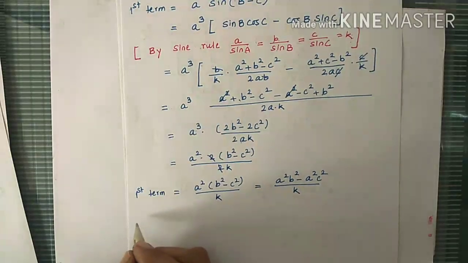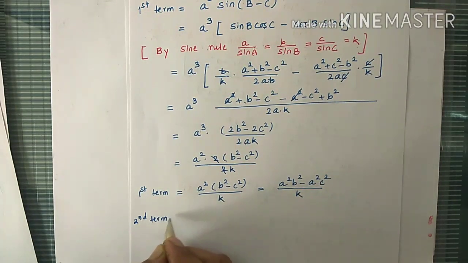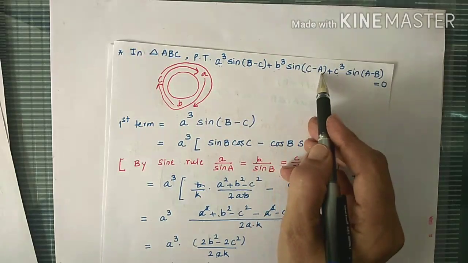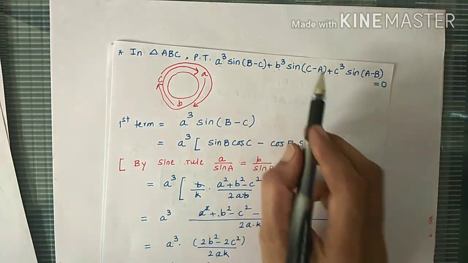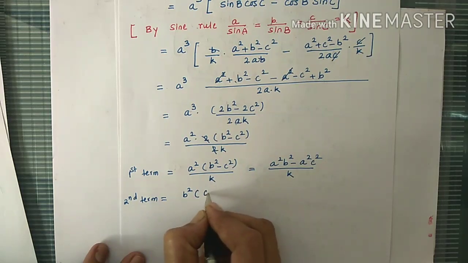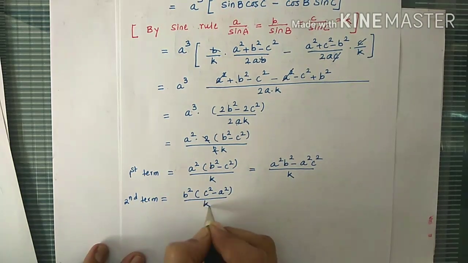Similarly we can write the second term. In the second term we were having B, C, A. So the simplification is first B, then C, then A. So this is B square, C square minus A square upon K.